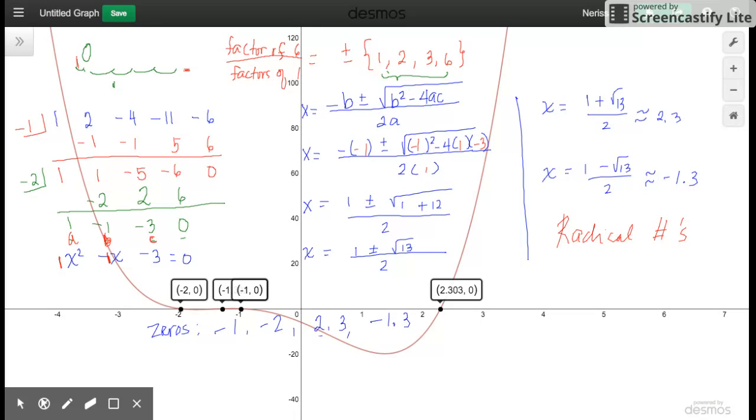There you go. So now we discover that not all zeros of polynomial functions are rationals. It is possible for the zeros to also be irrational. Another name for radical numbers is irrational numbers. So the zeros are either rationals or irrationals. There you go.